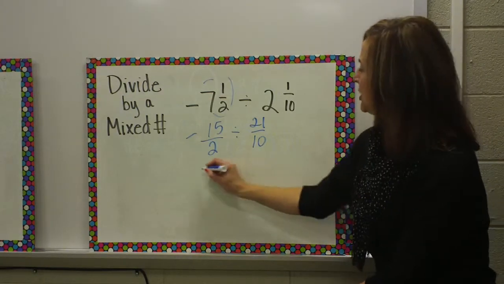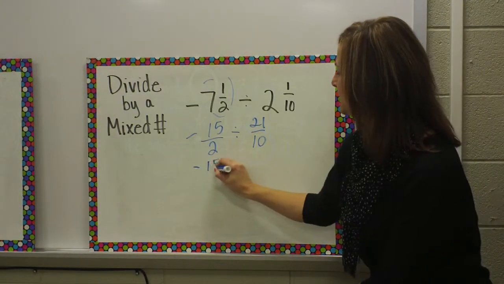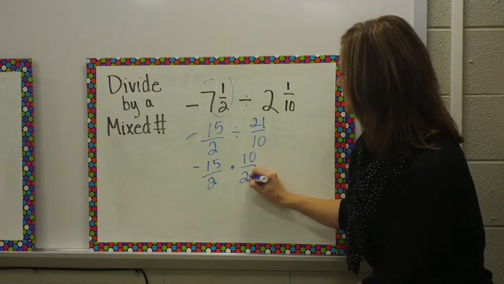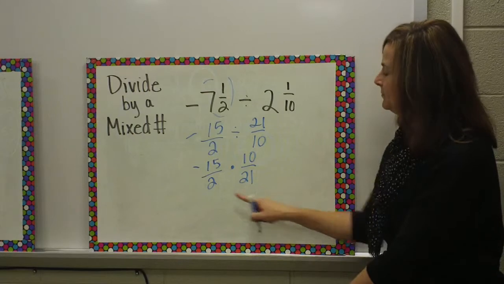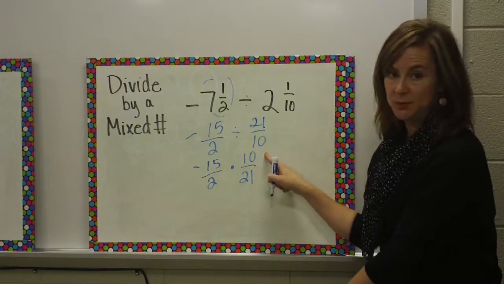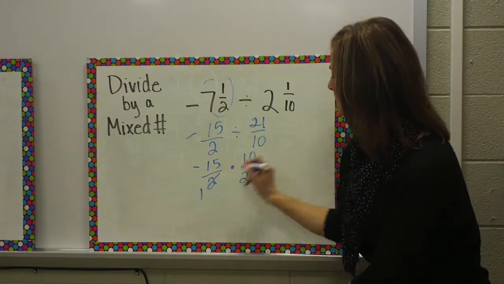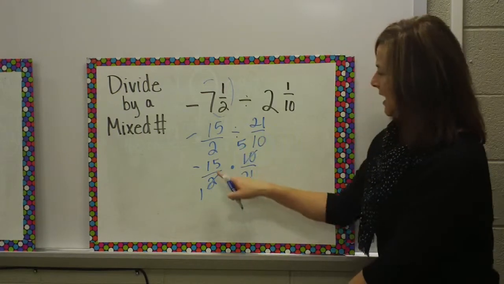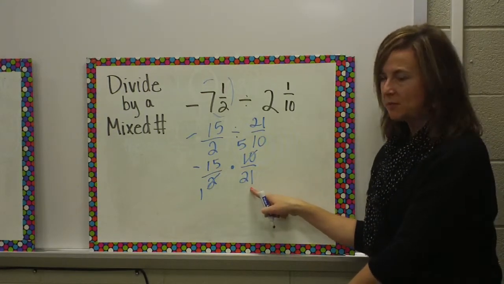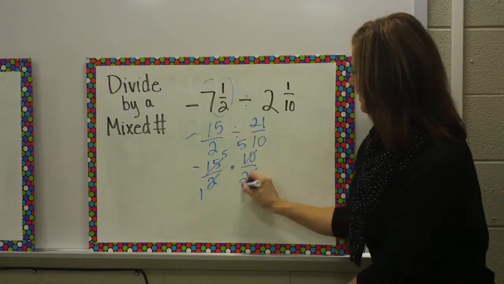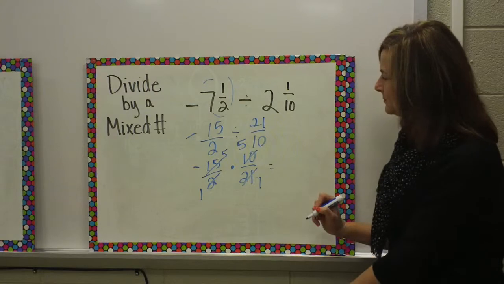Now I'm going to keep, change, flip. So negative 15 over 2 times 10 over 21. And then I can divide these by 2 to simplify. So I get a 1 and a 5. And 15 and 21 both have 3 as a factor, so I'm going to simplify that. That's going to be a 5, and that's going to be a 7.